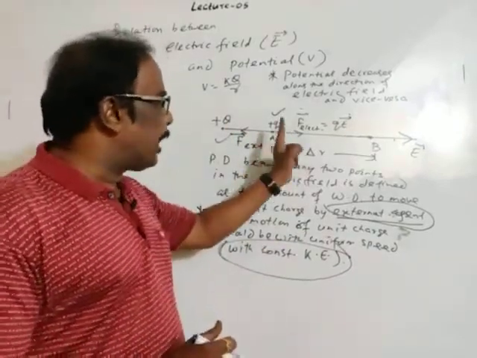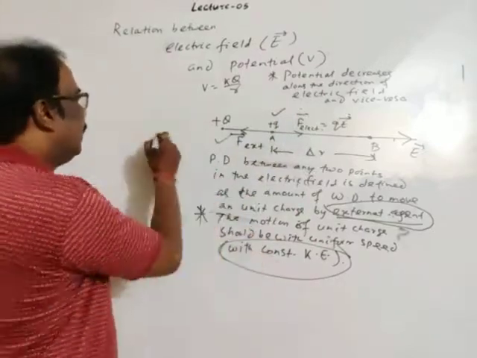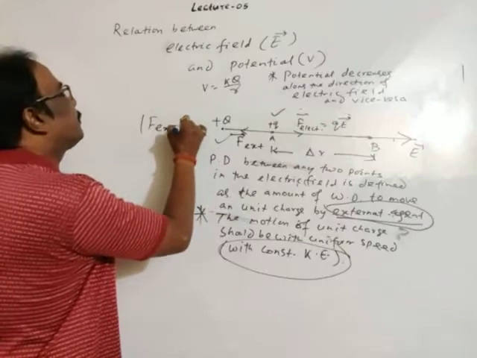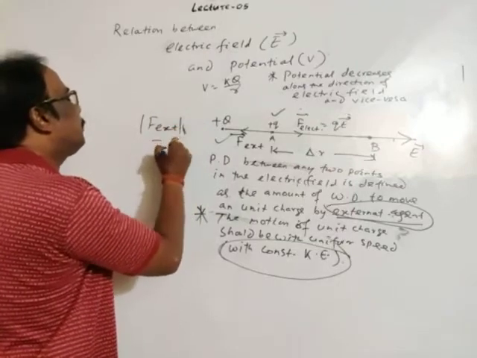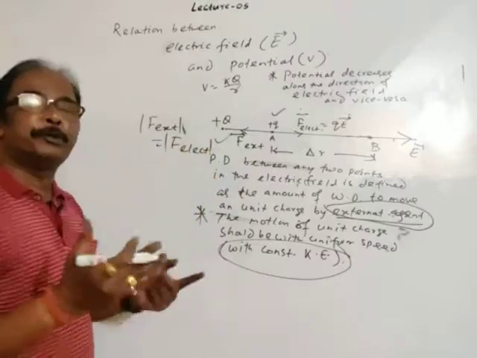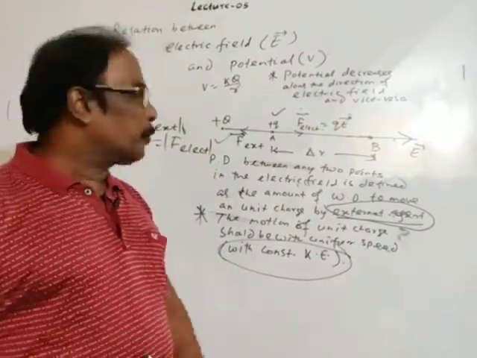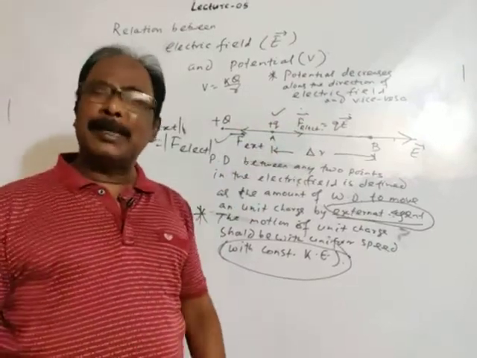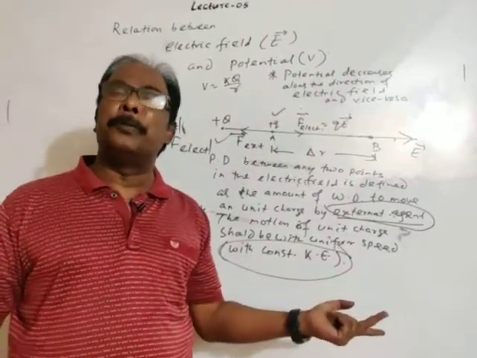To move the charge uniformly, the magnitude of external force must be equal to the magnitude of force experienced by the charge due to electric field. So these two forces are opposite in direction, thus the resultant force will be 0.